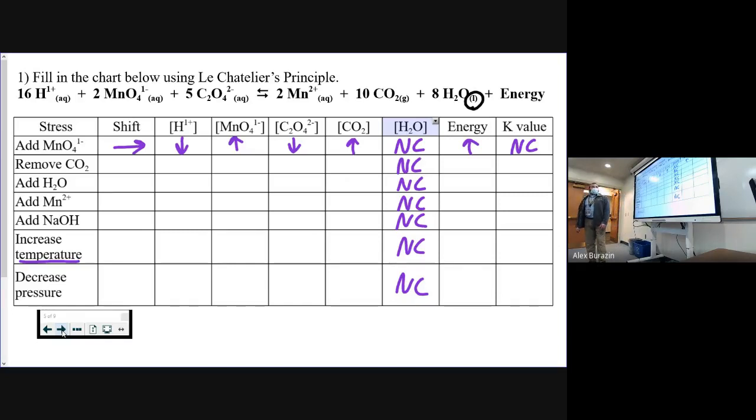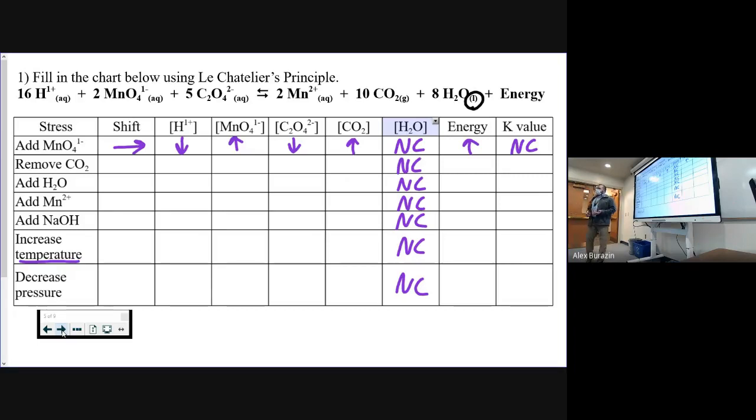So is the shift going to be very large when we say it's shifting? Usually it's really, really tiny. It's just a tiny shift to reestablish equilibrium. But we're not looking at numbers. This is all just conceptual, in theory, which way is it going to go?